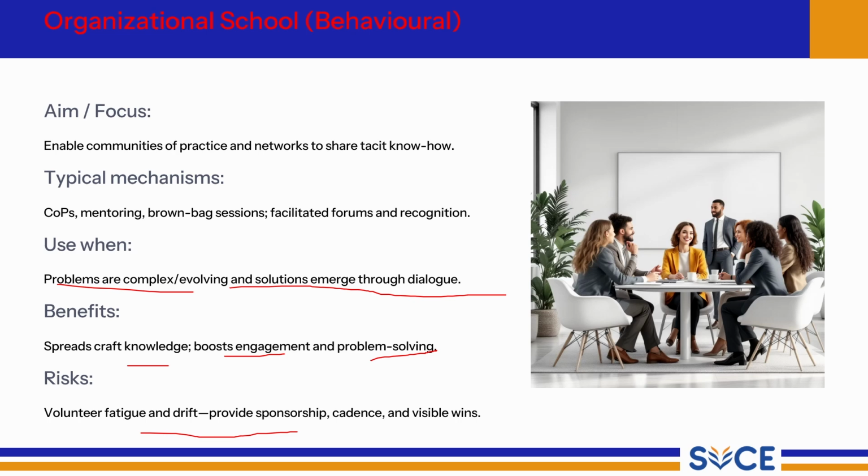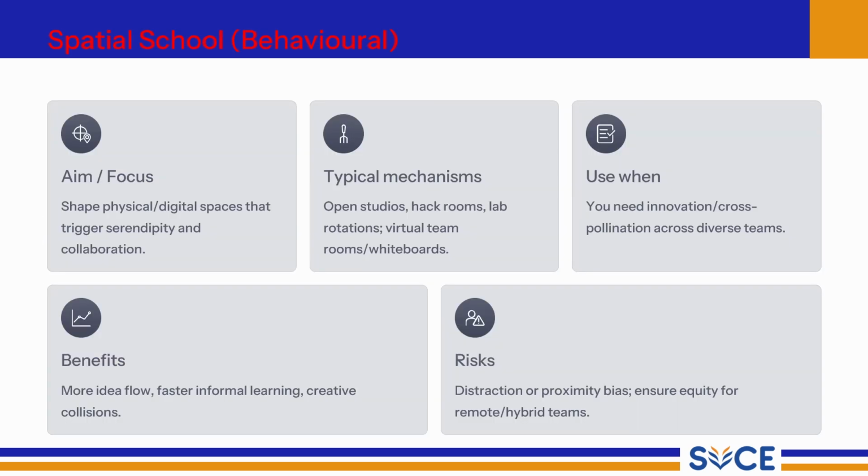In the next slide, we are going to see the spatial school, which comes under the behavior cluster. Here we are going to focus on shaping physical or digital spaces that trigger serendipity and collaboration.